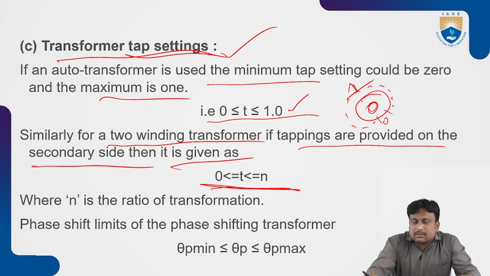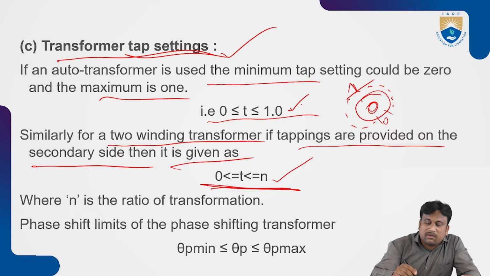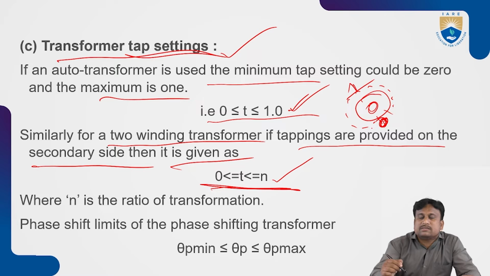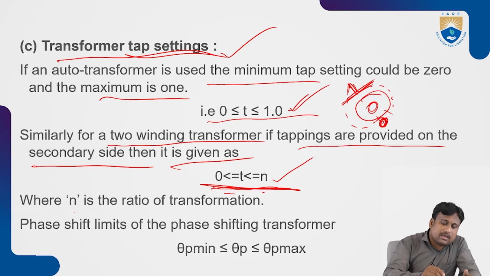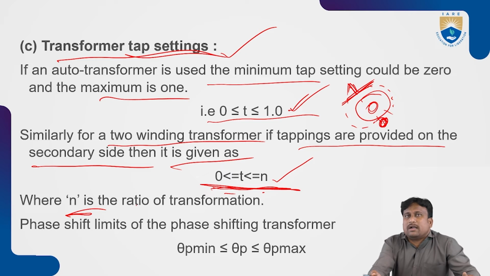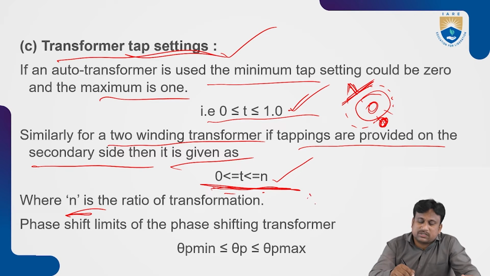What does it mean? The limits go up to n, but here only 1, because for the auto transformer the setting is from minimum 0 to maximum 1. But for a two-winding transformer, the setting constraints are taken from 0 to n. What is n here? n is the ratio of transformation. We call it the transformation ratio.